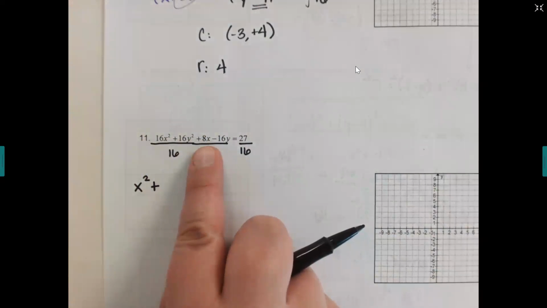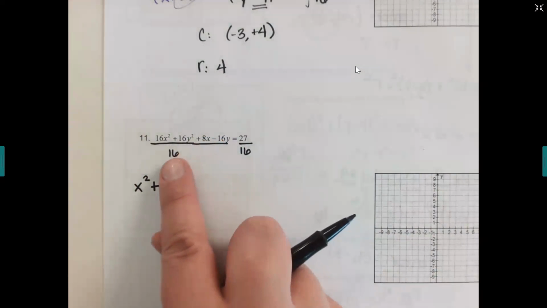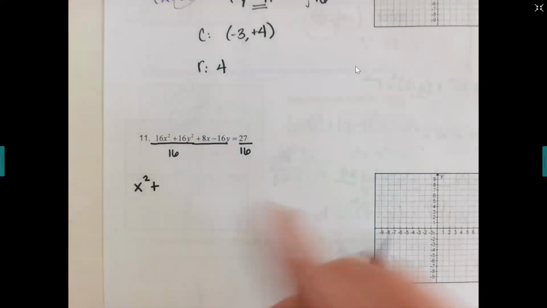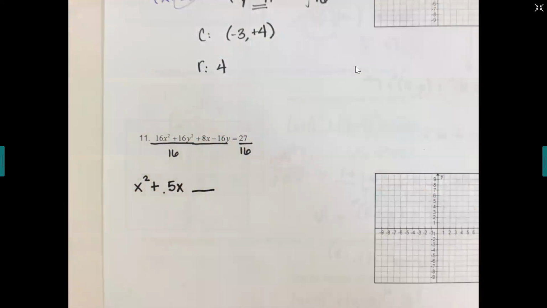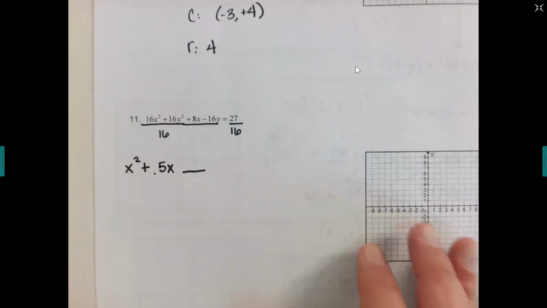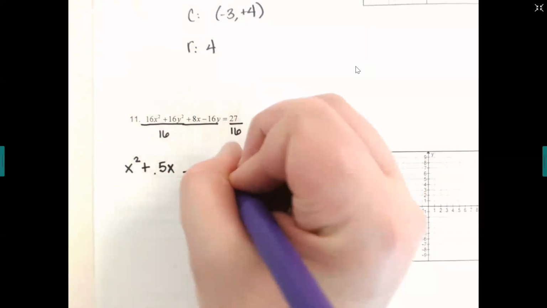What is 8x if I divide it by 16? What's 8 divided by 16? 0.5. And then save the spot. It's okay that it's a decimal. Okay, then for my next one, I had a 16y squared. Now it's just a y squared because I divided by 16.